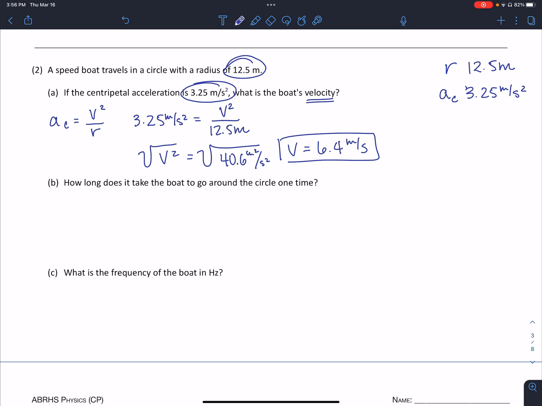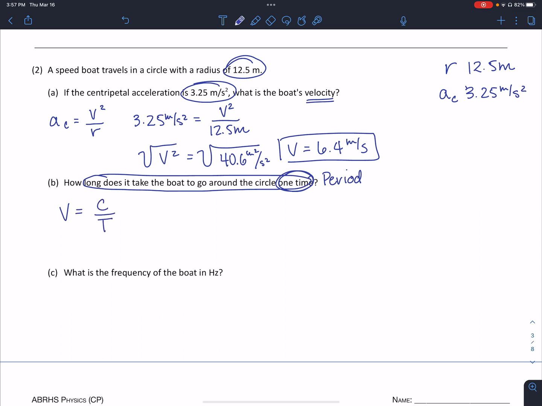Now it wants to know how long it takes the boat to go around the circle one time. This one time tells me I'm looking for the period of this motion. And I remember that velocity is also equal to the circumference over the period.